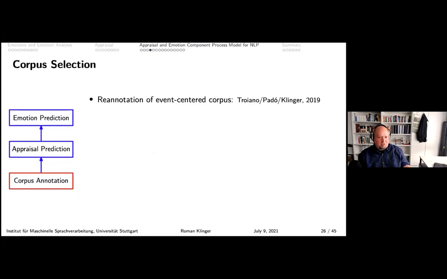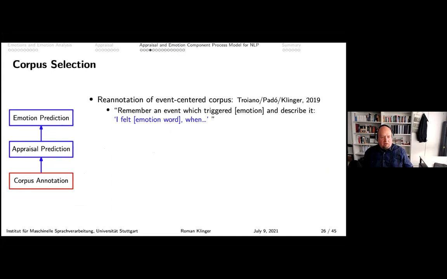So it's not a corpus of texts which is just gathered somewhere, but a corpus of text where people were asked to describe events. We asked people on a crowdsourcing platform, please remember an event which triggered a particular emotion which we gave to them and describe it. They needed to continue a sentence like, I felt anger when.